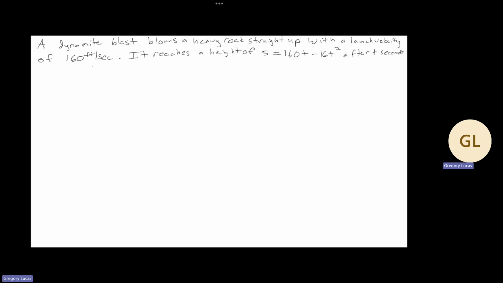Okay. So we're going to look at some different parts. First, we'll look at A. How high does the rock go?